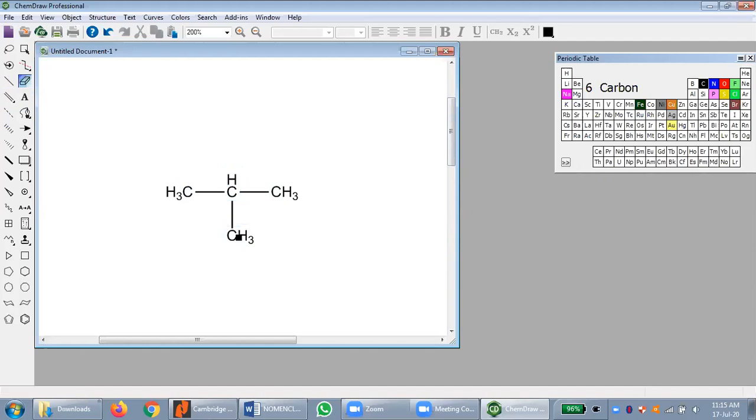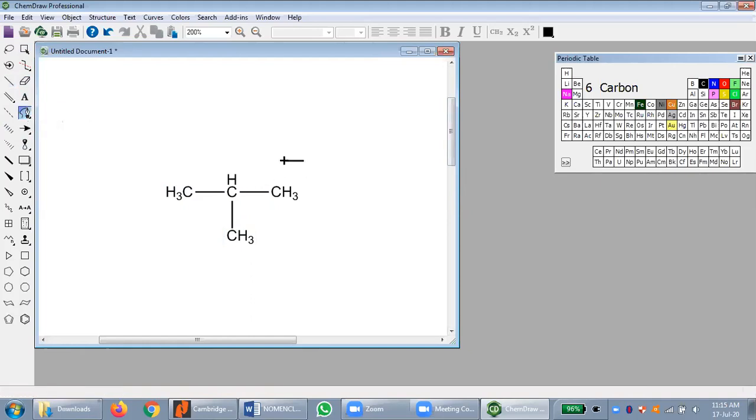If I erase this, what is this? This is propane. 3 carbon atoms, prop, the thing that I started with, and single bonds, ane, hence propane, right? So what if I change the structure a little bit and there is a carbon atom at the bottom? So the structure is like this. What then? So let me clarify.